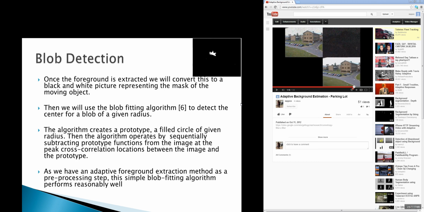The algorithm creates a prototype, which is a filled circle of given radius. Then the algorithm operates by sequentially subtracting prototype functions from the image at the peak cross-correlation locations between the image and the prototype.